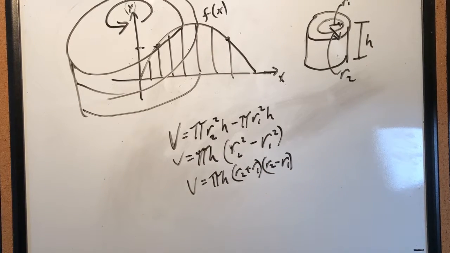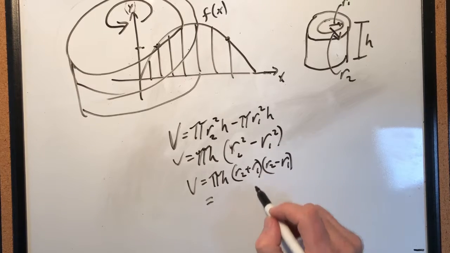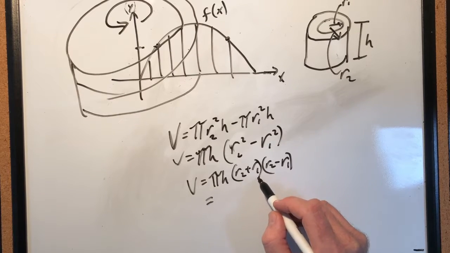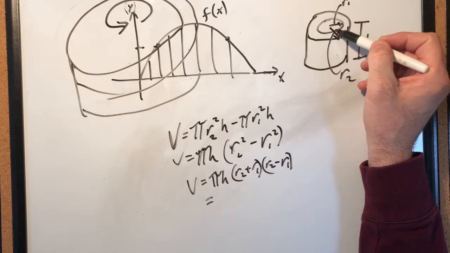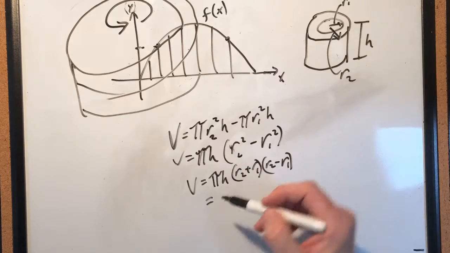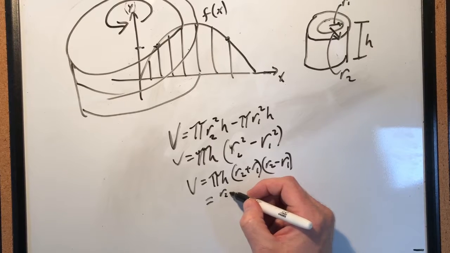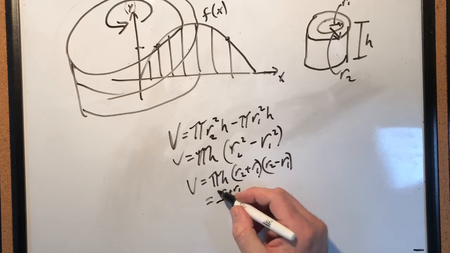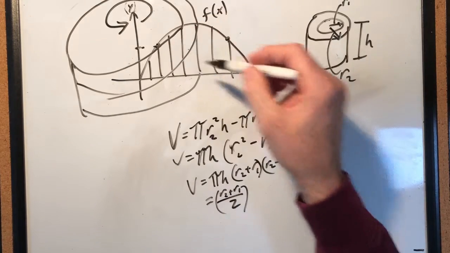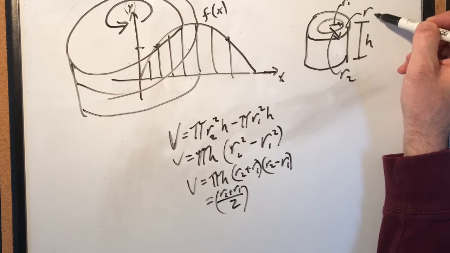Okay, so looking at it, that's still not very helpful. So continuing on, we look at this term right here, which is the most useless term in there. There's no reason we should add R1 plus R2. But if you think about it, that term divided by 2, R2 plus R1 divided by 2, actually equals the mean radius right there, right in the middle.